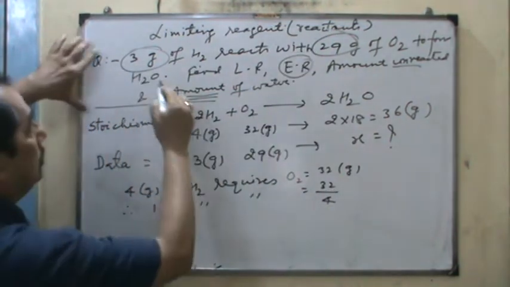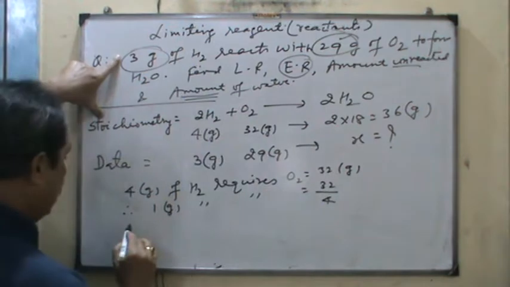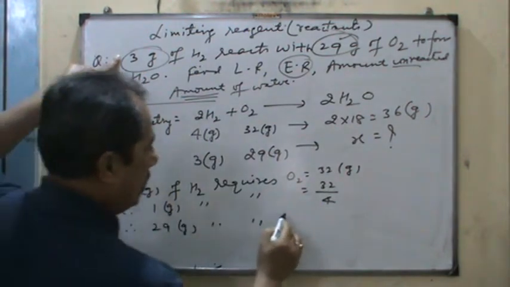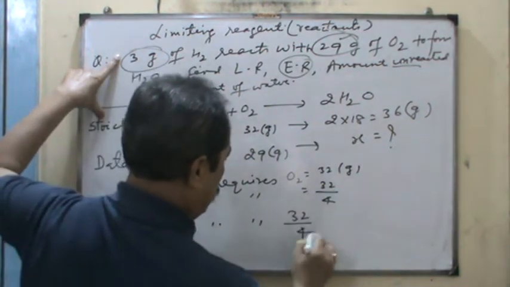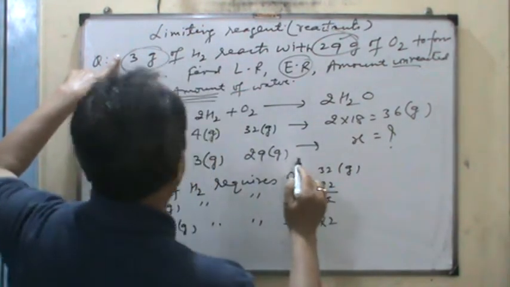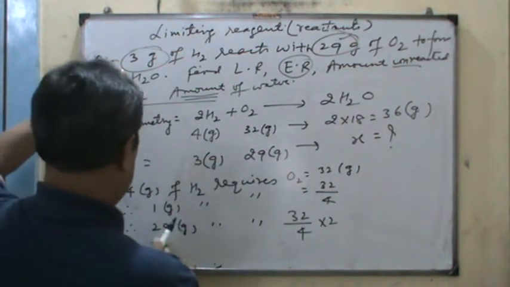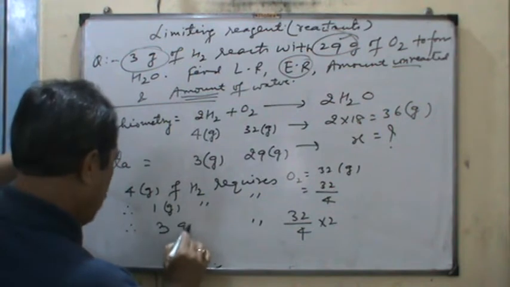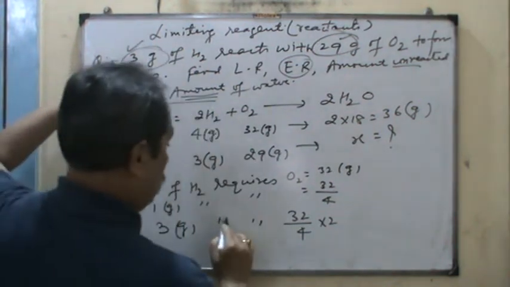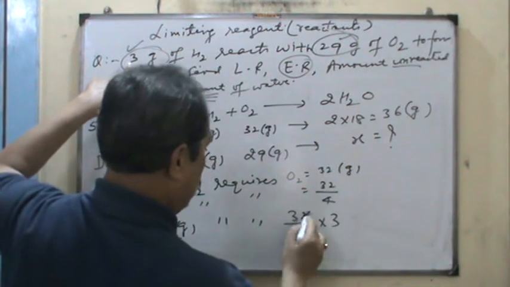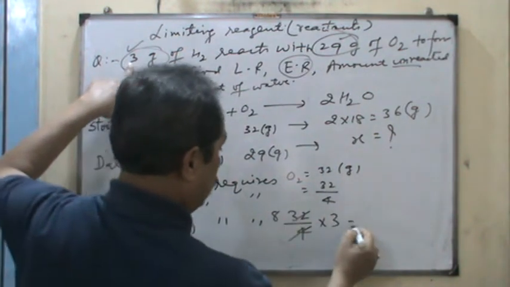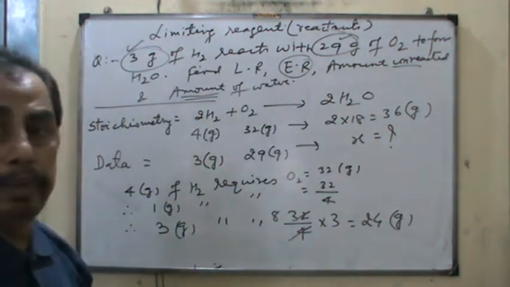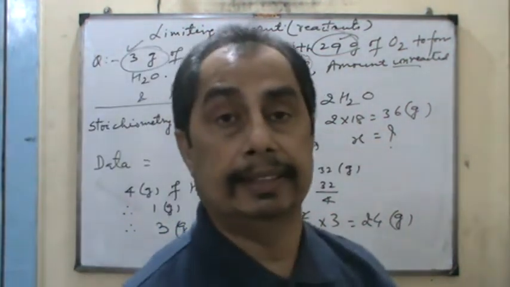How much hydrogen is given in the numerical? 3 gram of hydrogen is given here. So 32 upon 4 into 3, 8 threes are 24 gram. Let us compare. It is a comparison method.